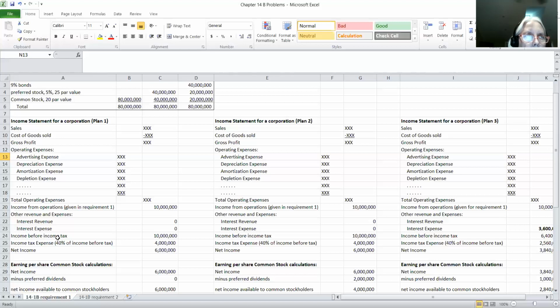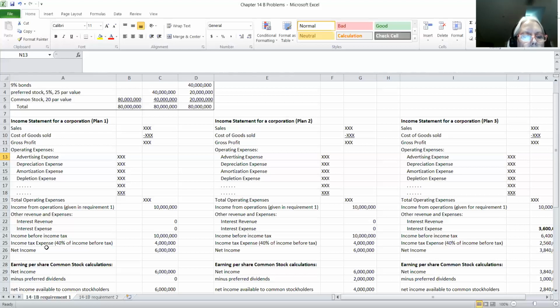The income tax would go on the personal return of the partners or the owners of that particular business. So because this is a corporation, we have to add a line to our income statement, and we're going to call that income before income tax.